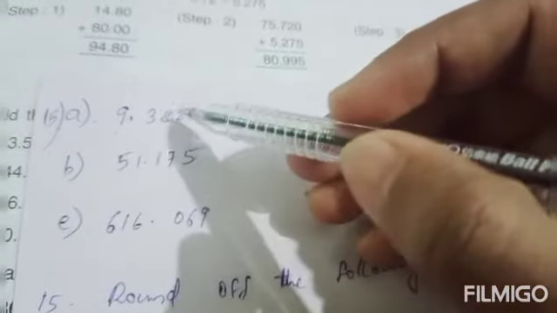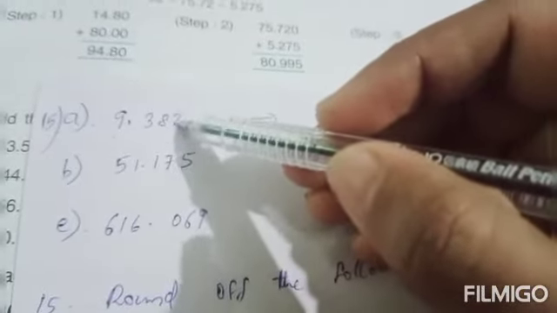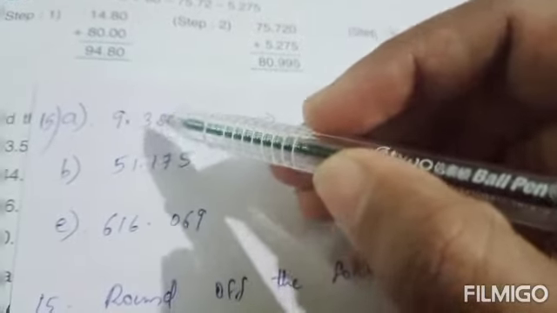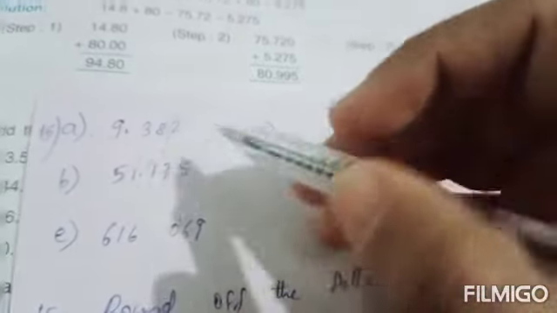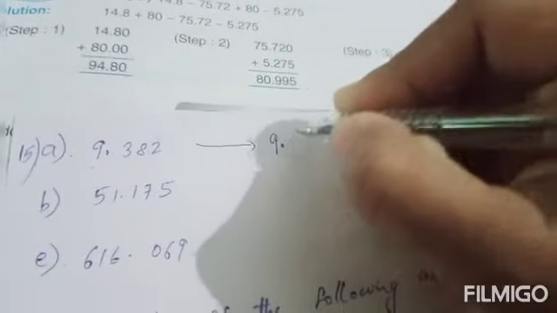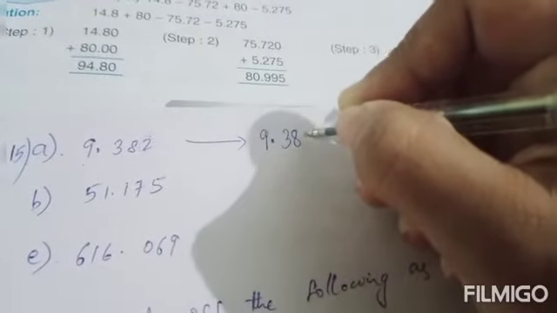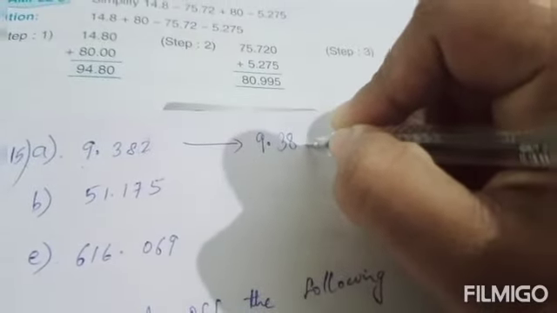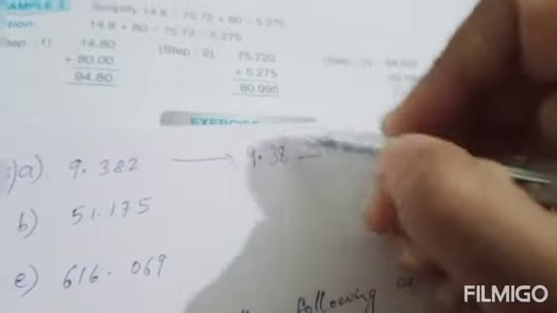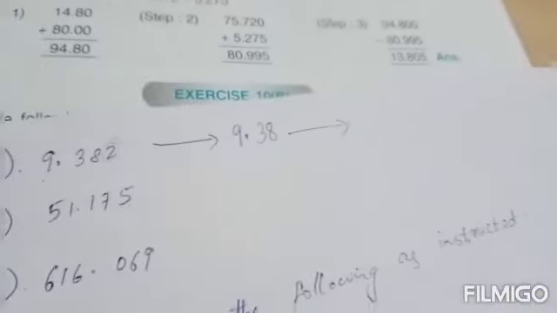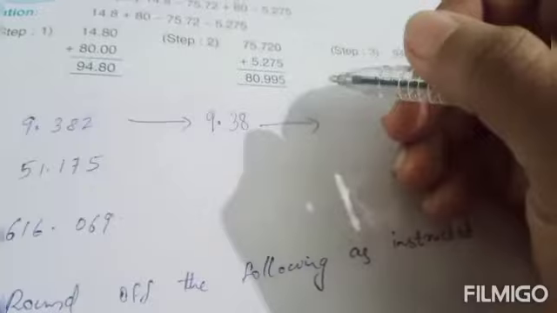Replace 1000th place digit by 0 and the 100th place digit will remain the same. No change will be there. So you will get 9.38. 9.380 means 9.38.